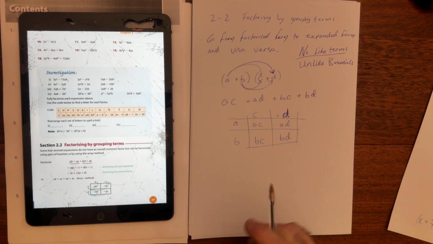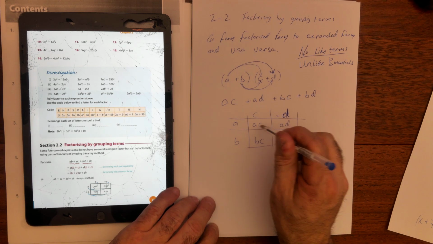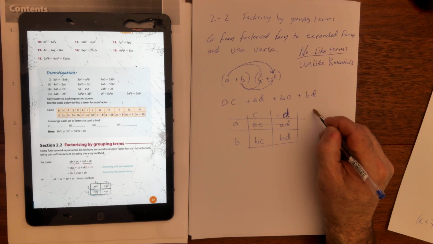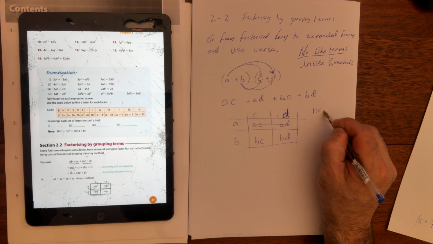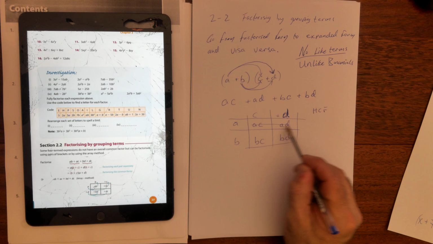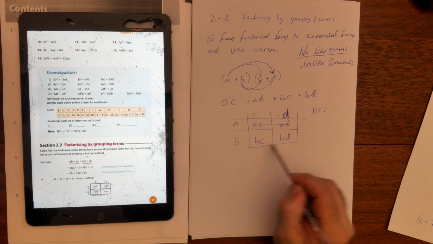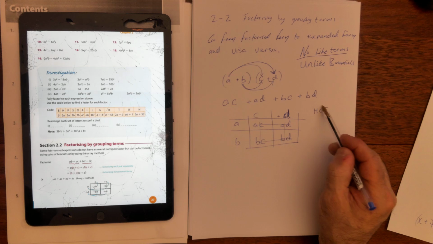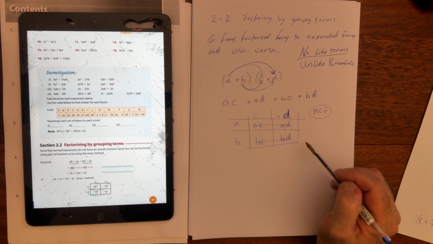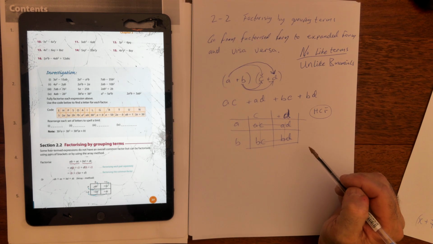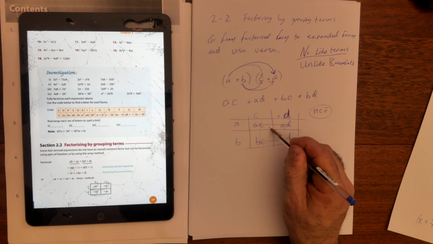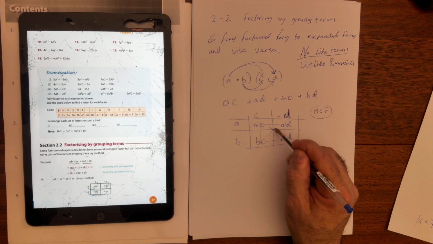Now, so long as they have been multiplied out, anything in a row has a highest common factor, either row, and anything in a column has highest common factors. But there are terms that don't have a common factor, like those two and those two.